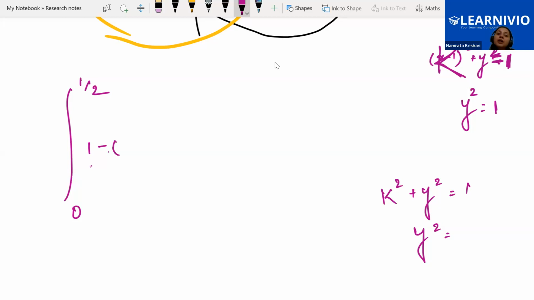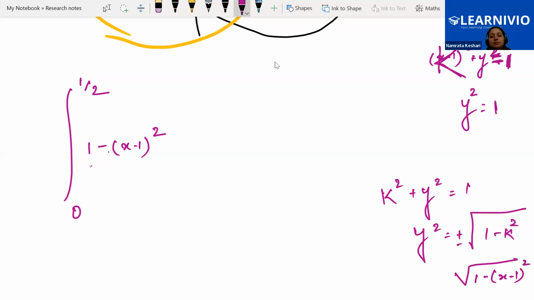Similarly, 1 minus (x minus 1) whole square can be right. Yes, ma'am. But that is y square. y will be plus minus under root 1 minus k square. But here we don't have k, we are having (x minus 1) square. So it will be 1 minus (x minus 1) whole square. Yes or no? Yes, ma'am. This is what we are having.